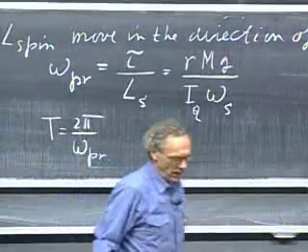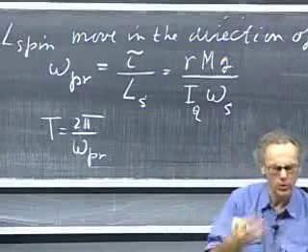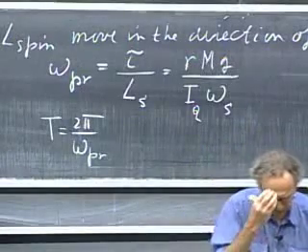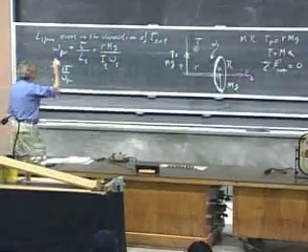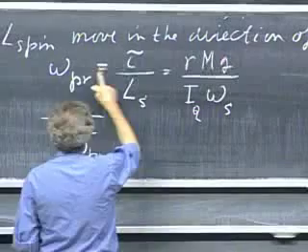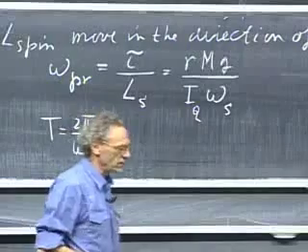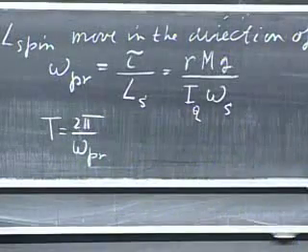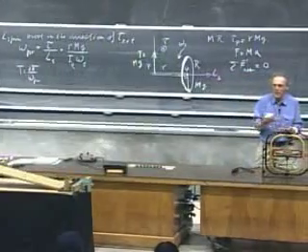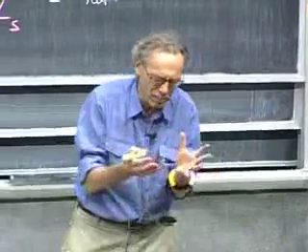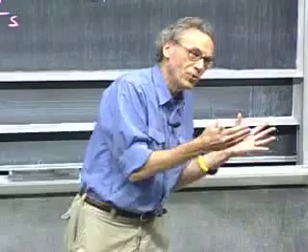Let's take a look at that equation and see whether that makes sense intuitively. First of all, if you increase the torque, the upstairs, then it says that the precession frequency will increase. That makes sense to me, because the torque is persuading the angular momentum to follow it. So the torque is persuading the spin angular momentum to change.